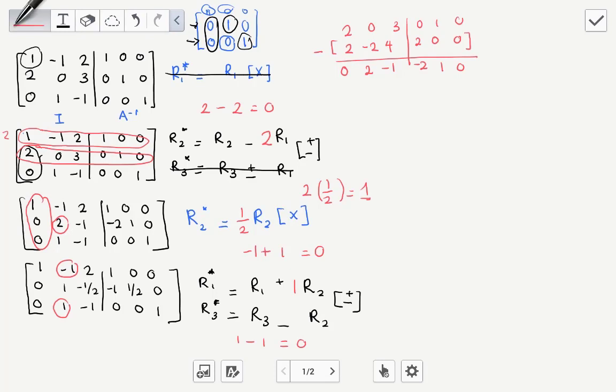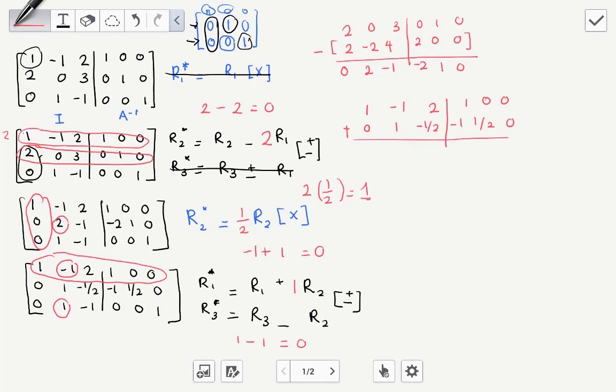Let's do the operation for row 1 first. Let's copy down row 1: 1, negative 1, 2, 1, 0, 0. I'm going to plus with R2: 0, 1, negative 1 over 2, negative 1, 1 over 2, 0.